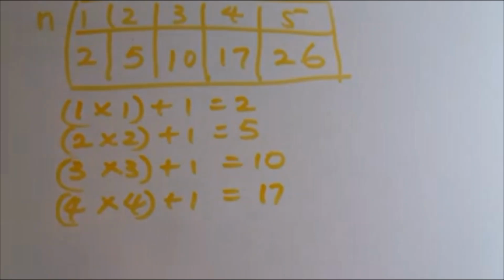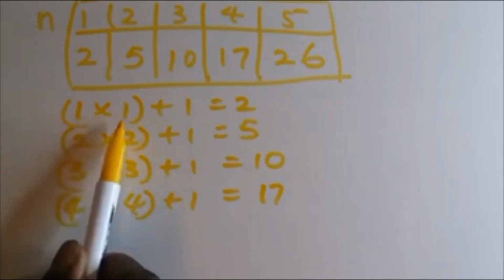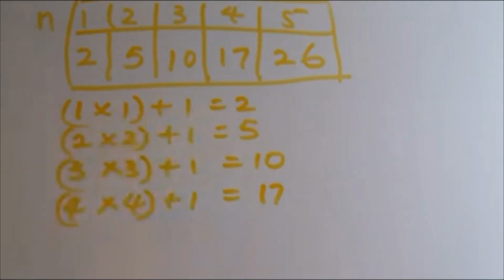As we can see, the position of the term is multiplied by itself. So we're squaring the position of the term and then adding 1 to it. We know the position is represented by the letter n.